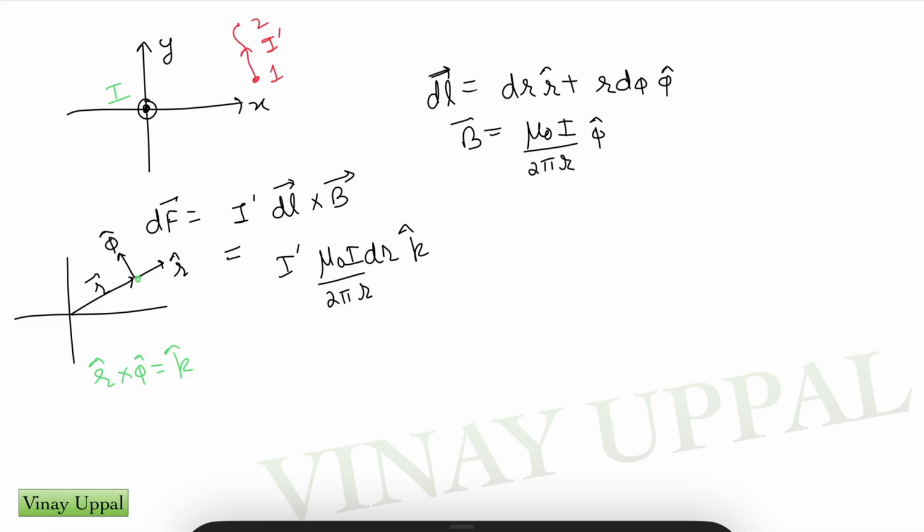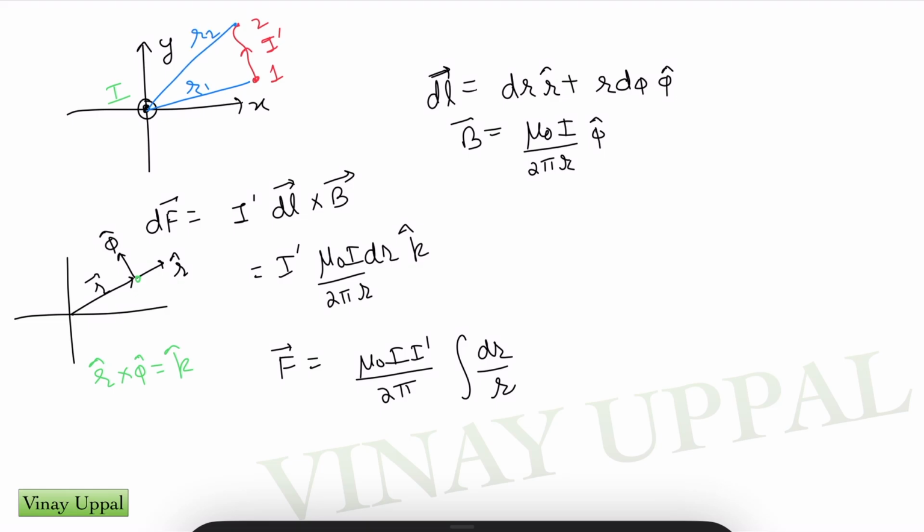Now it's very straightforward because I can just directly integrate this, since the direction of force is the same on the entire segment. Remember, the segment is in the xy plane only. So now I have mu naught I dash divided by 2 pi, and I have to integrate dr by r. All we need is the distance. What matters is the distance, r1 and r2.